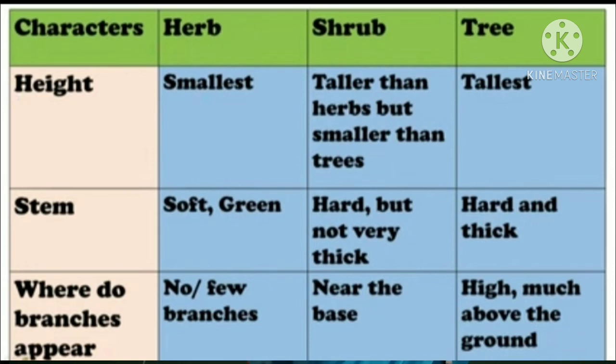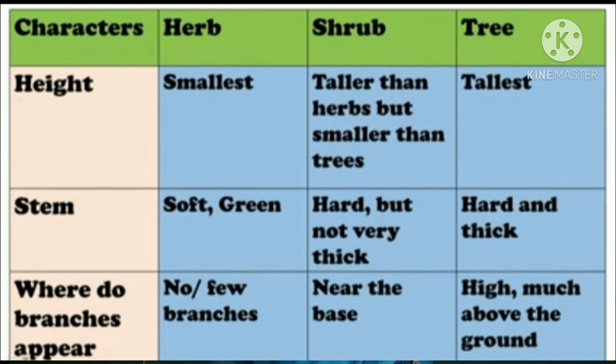Next one, shrubs. The height of shrubs is taller than that of herbs and shorter than that of trees. The stem of shrubs is hard but not very thick. And we can see the branches near the base.